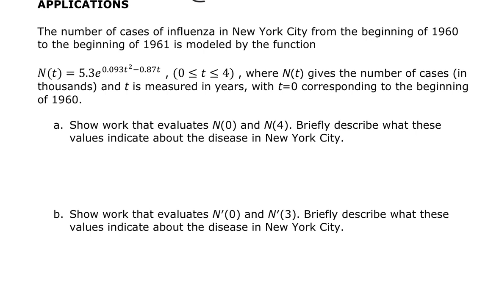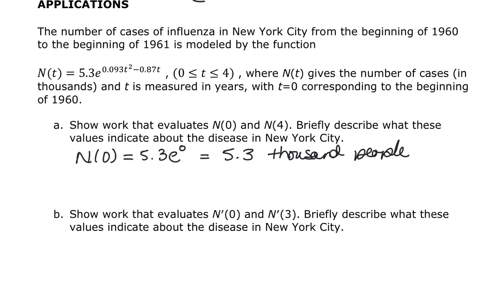So if we do n of 0, so 5.3 e raised to the 0, this tells me that 5.3 thousand people were infected in 1960.